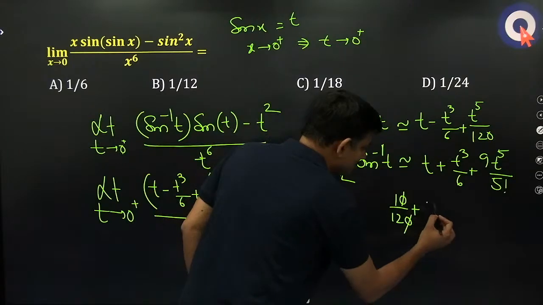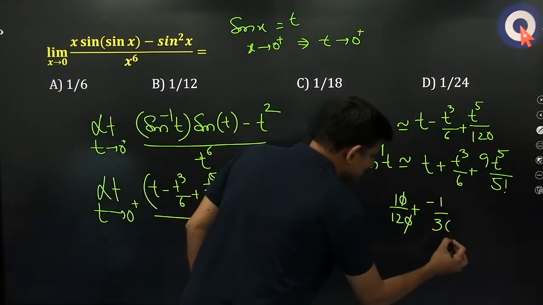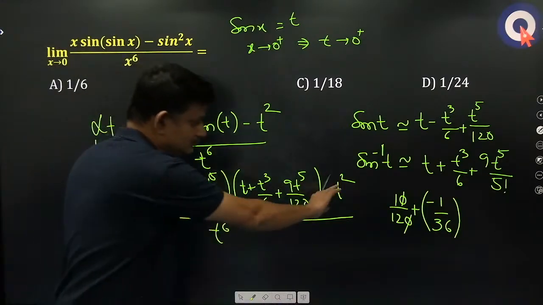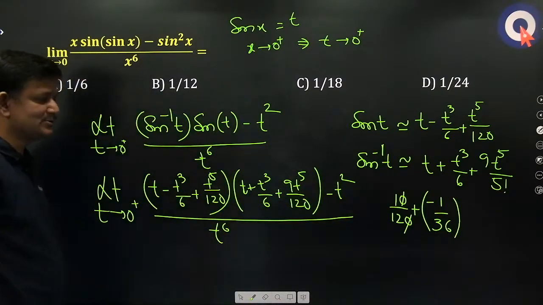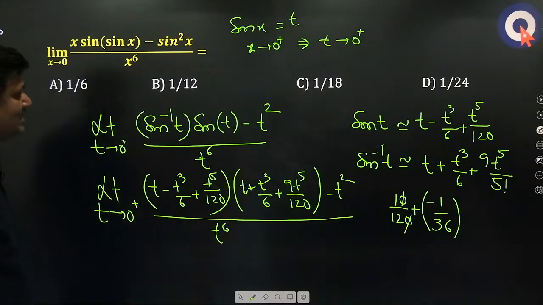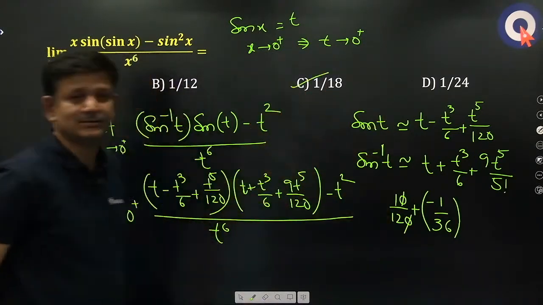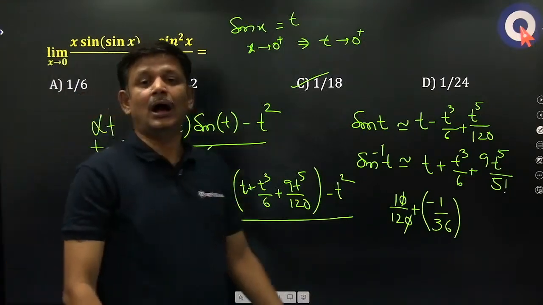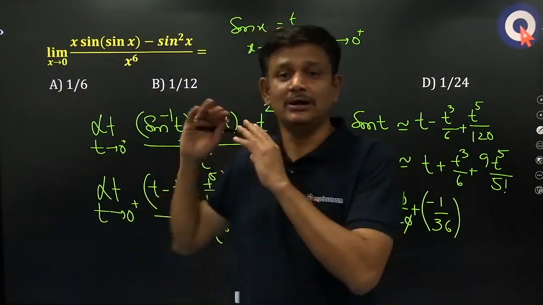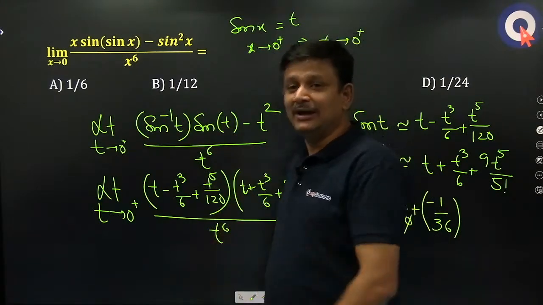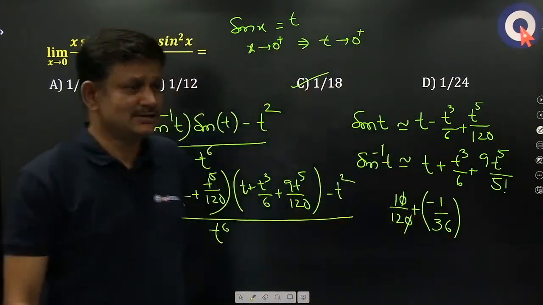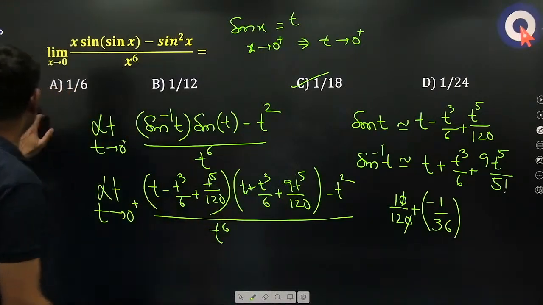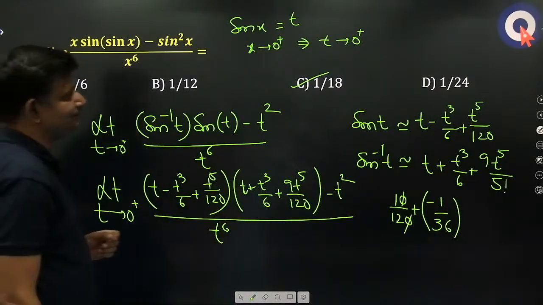So minus of 1 by 36. This is 3 by 36 minus 1 by 36, that is 1 by 18. That is your answer. So just don't jump onto applying power series or L'Hospital's rule. Simplify, see if some simplification is possible, and then everything will make sense. That is the moral of this question.